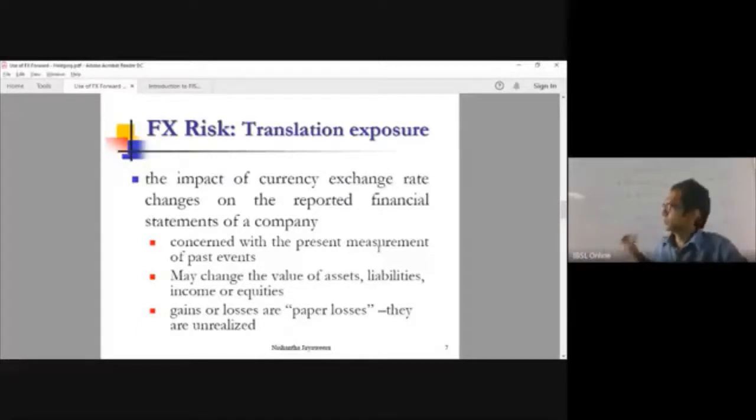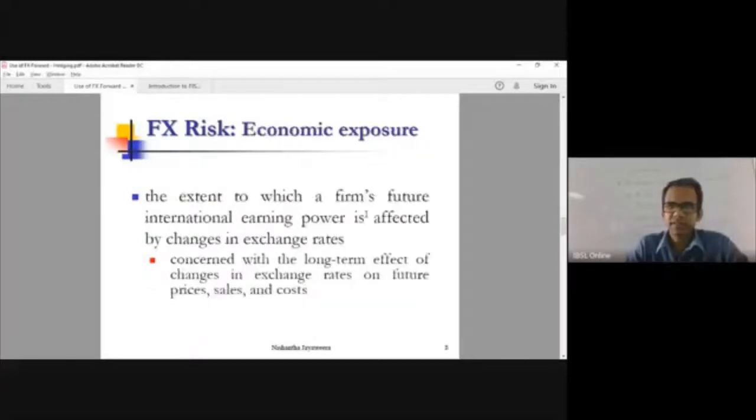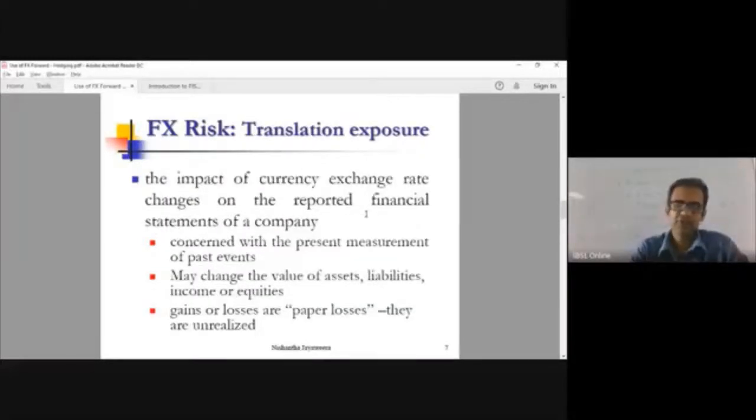These are mostly paper gains or losses because we may not realize them; this is an unrealized part of your income statement. Is it clear? Translation exposure.